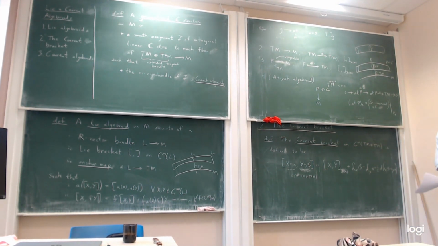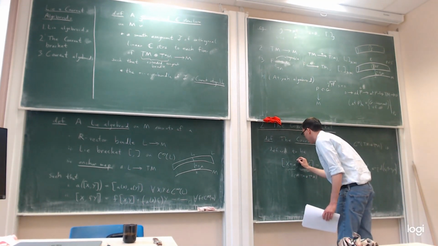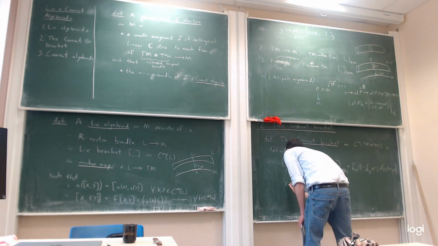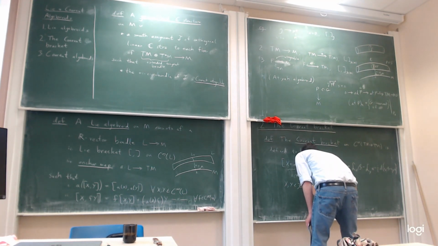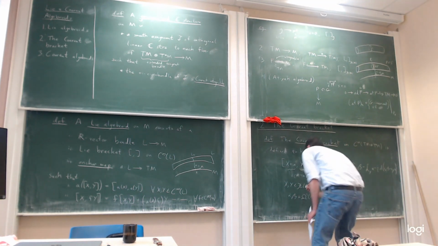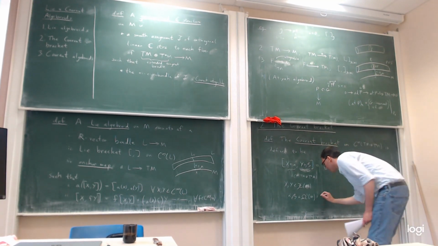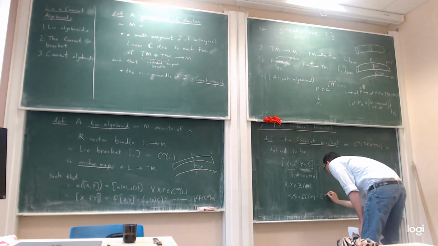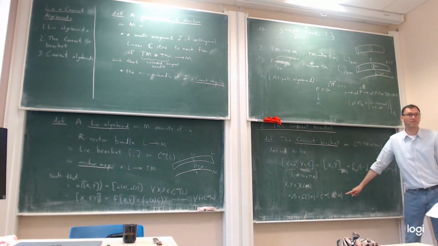Can you please repeat what alpha and beta are? Alpha is a one form. Let's see, I wrote it down here. So x, y are vector fields, alpha and beta are one forms on M. These are sections over M of the dual bundle to TM.